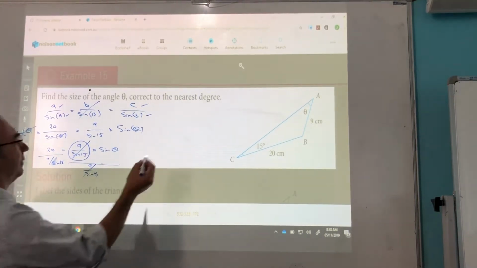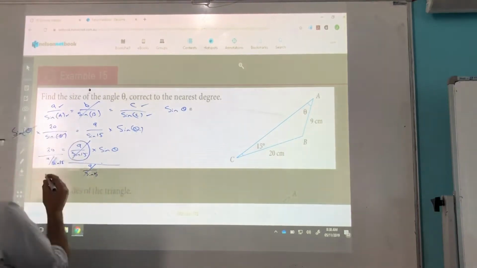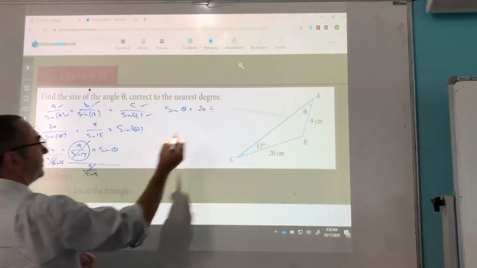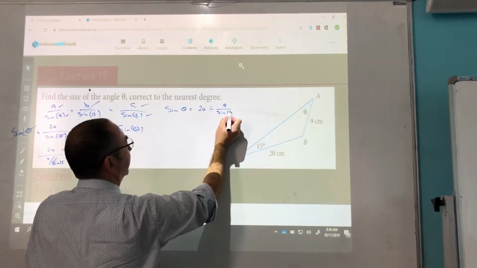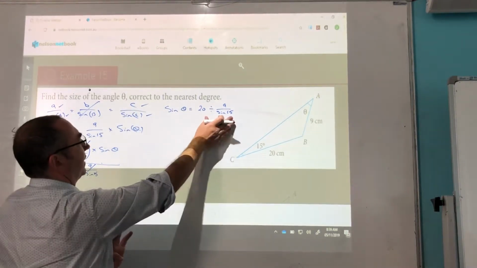So we should end up with sine theta equals 20 divided by 9 over sine 15. Now you can probably just do that in your calculator exactly like that, and you'll come up with a value for that.